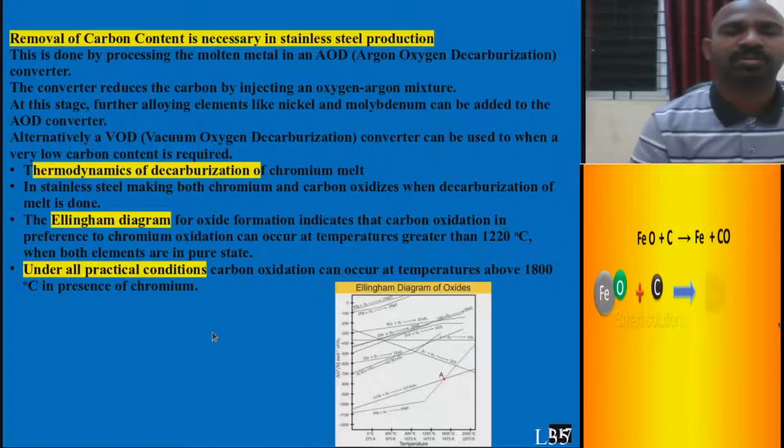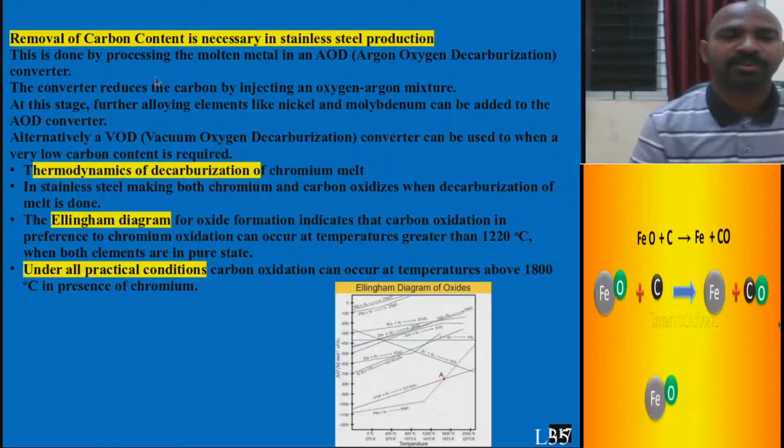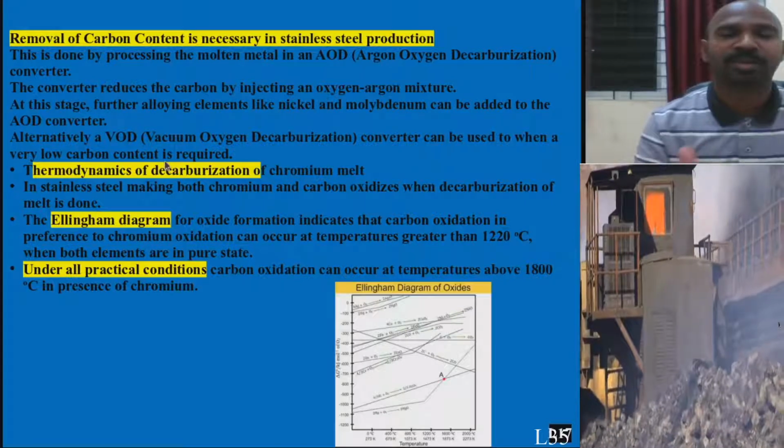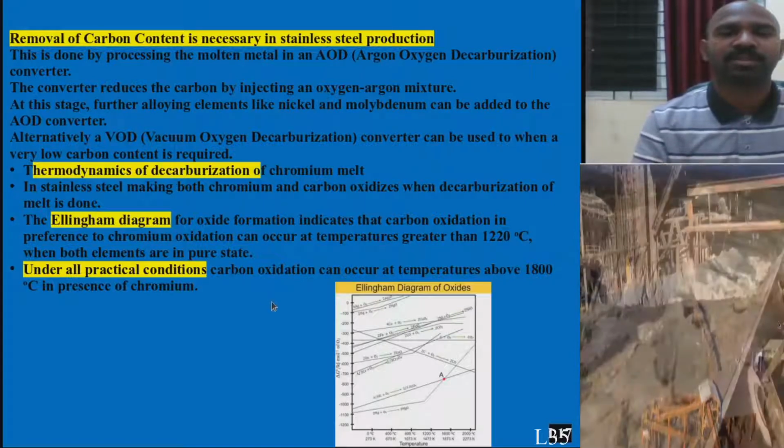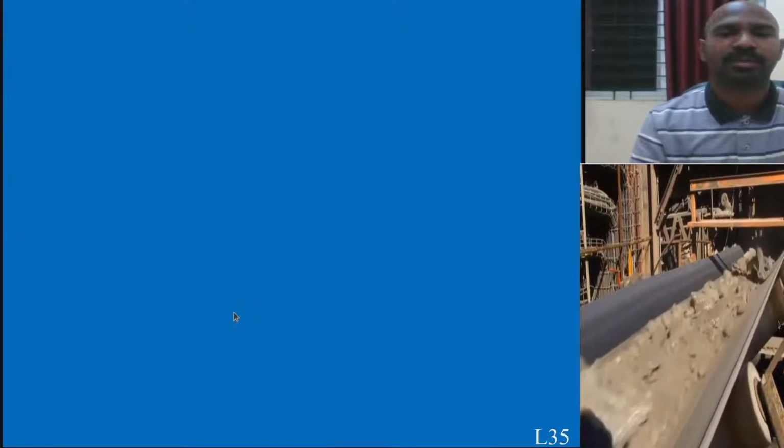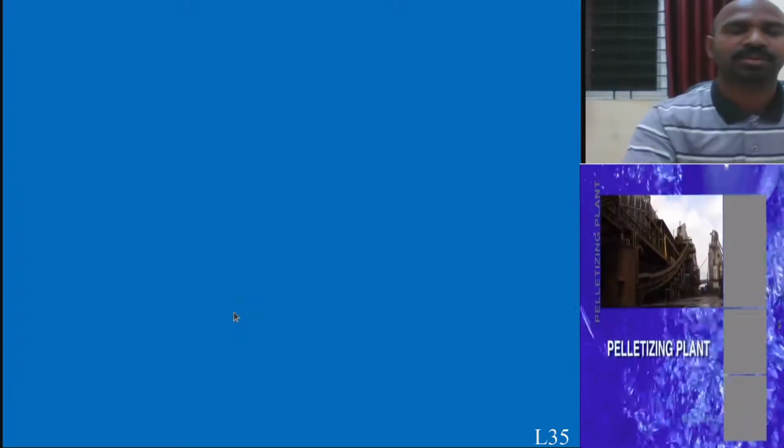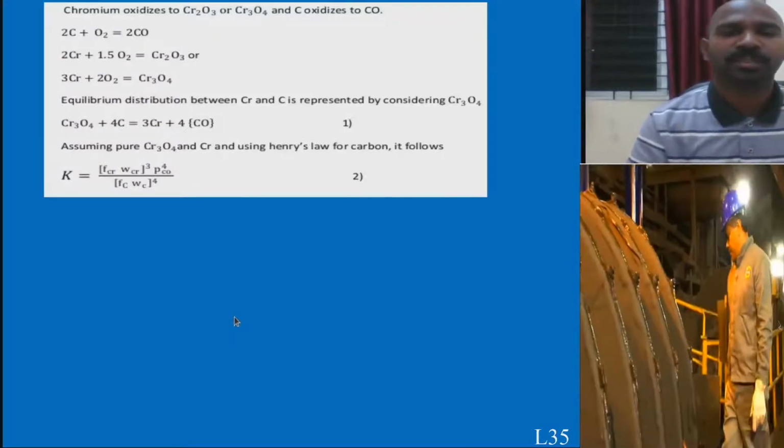But the Ellingham diagram proves that for the stainless steel production process, this exact temperature is good enough if you maintain it in the AOD vessel and VOD vessel. Carbon and chromium get oxidized, and if you want to retain the chromium, you need to add silicon or molybdenum so that it is retained.